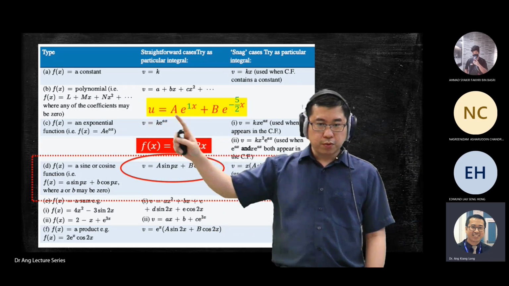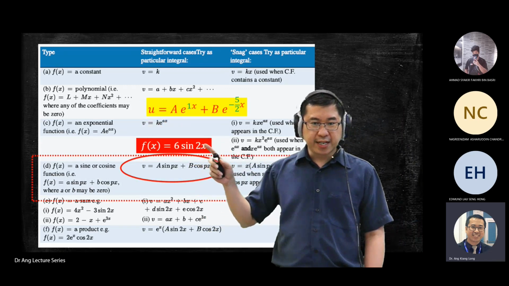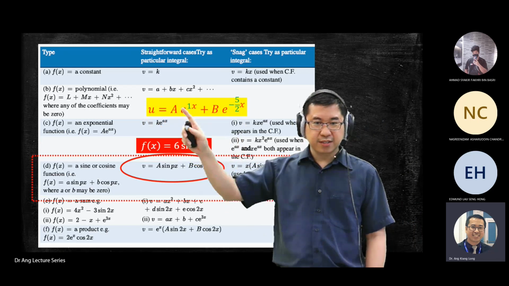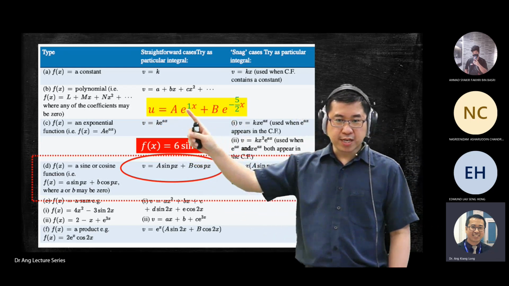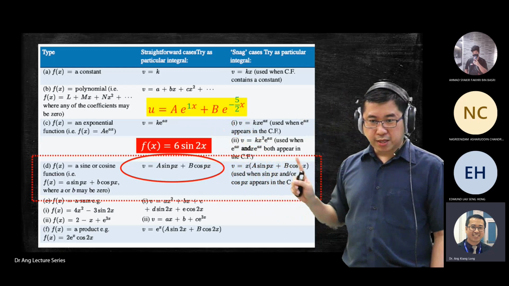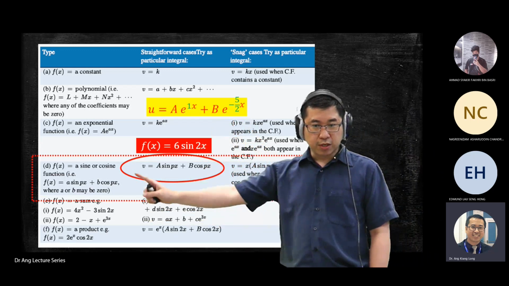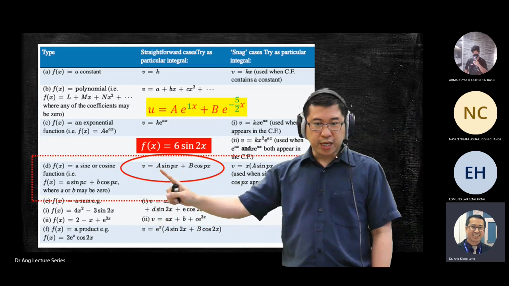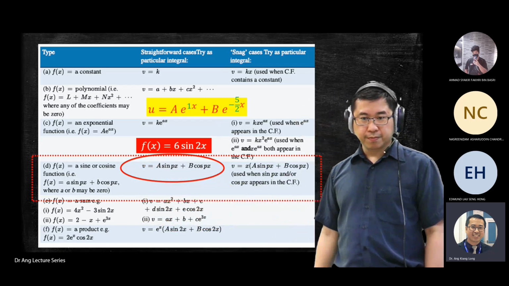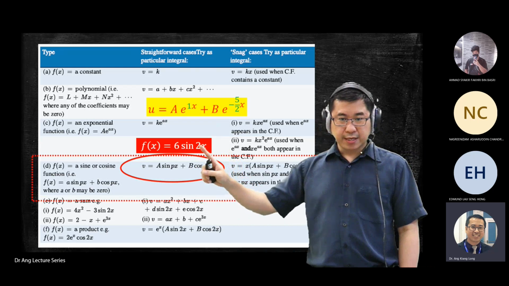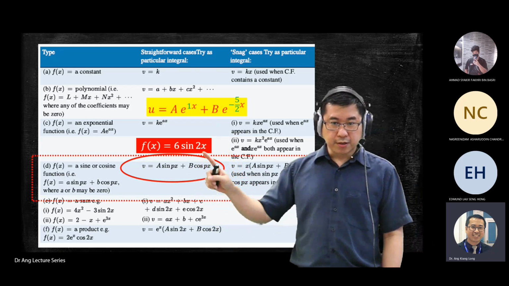CF is your u. Do you see sine inside here? No, right? There's no sine inside here. So this one does not apply. Use the direct case. So this table tells you V equal to something. You compare side by side.